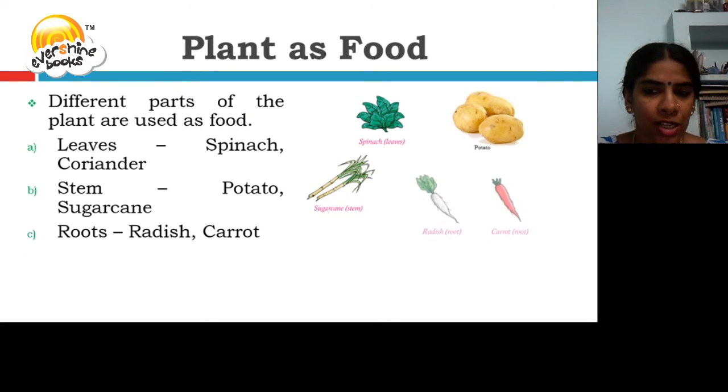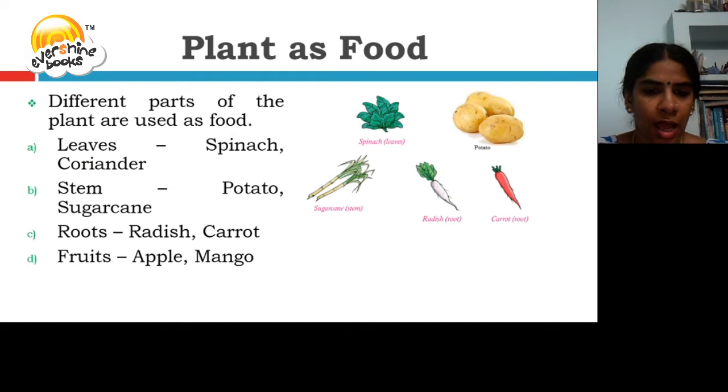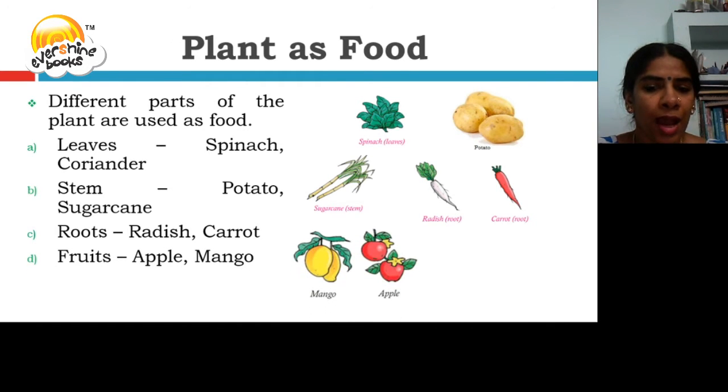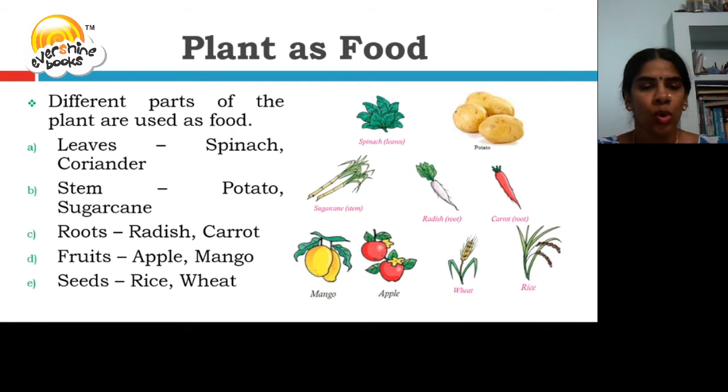Roots: radish and carrots. Fruits: apple and mangoes. Seeds: rice and wheat. So, the different parts of the plant we know already are leaves, stems, roots, fruits, seeds.